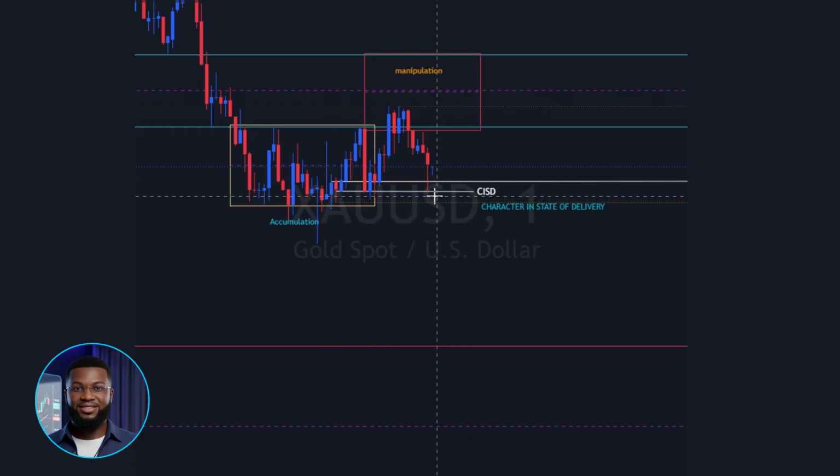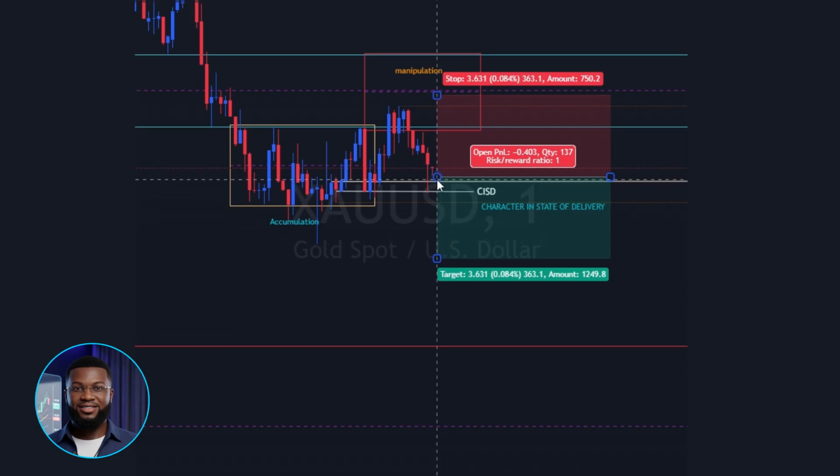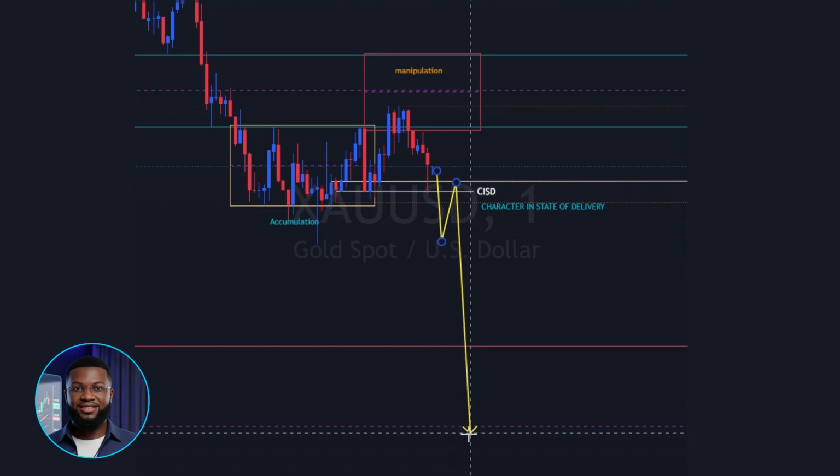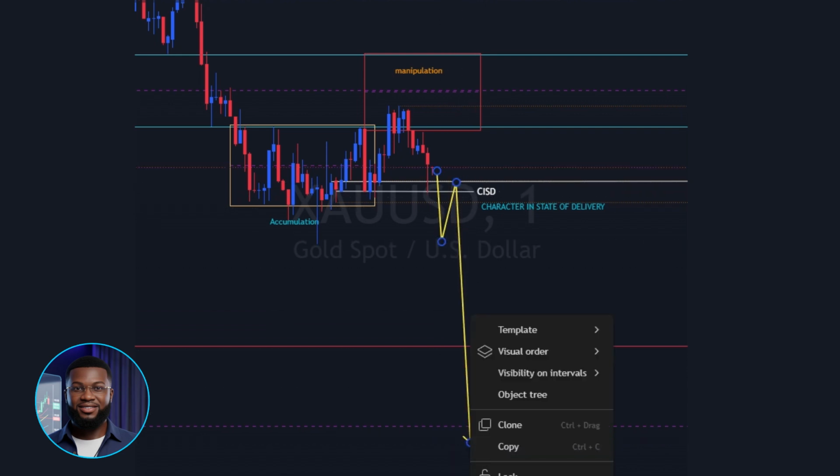So when price closes below, just below the CISD, we can take an entry, or we'll just wait for price to come down. At times, because of the momentum, price may not come back to mitigate to the downside.